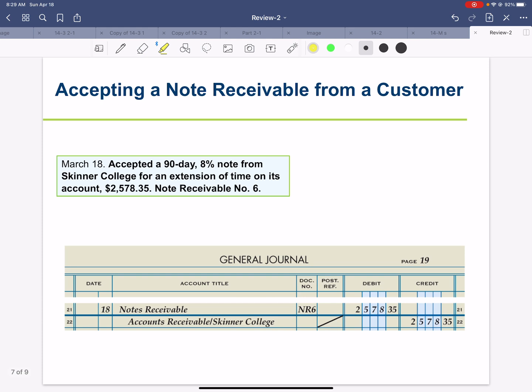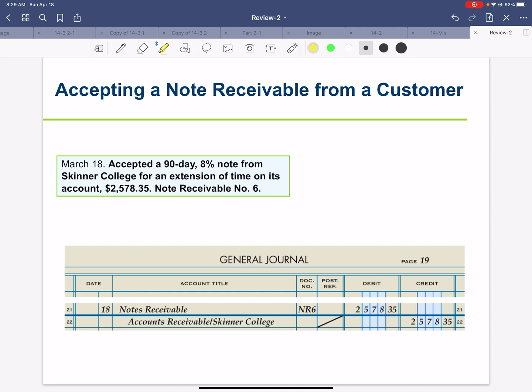The third transaction dealt with notes receivable. Remember that when banks and businesses lend money to another business, a loan agreement is made and a promissory note is written out. The note doesn't pay the amount the customer owes.